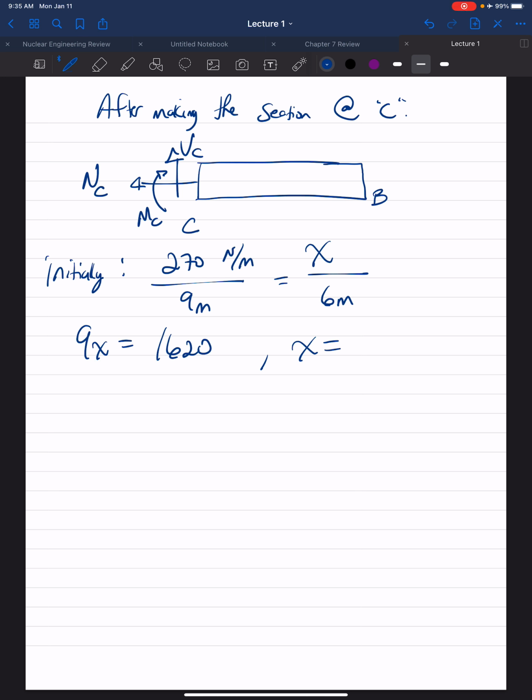Solve for x. So our new loading intensity for the triangular distributed loading is 180 newtons per meter. And this distance here is 6 meters.